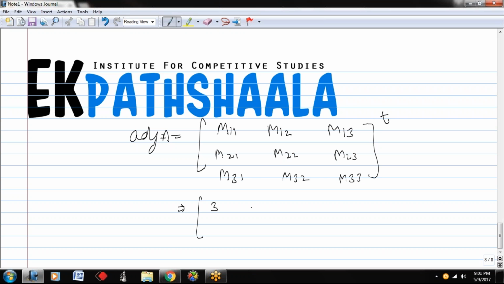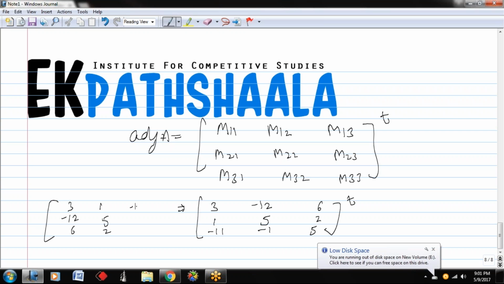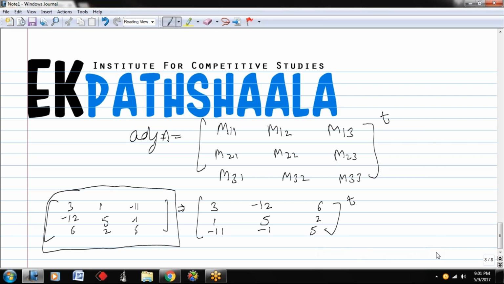This will be what? 3, minus 12, 6, 1, 5, 2, minus 11, minus 1, 5. Its transpose. Now we learned transpose in the last class. First row becomes first column. This is my adjoint A. Please note it down.